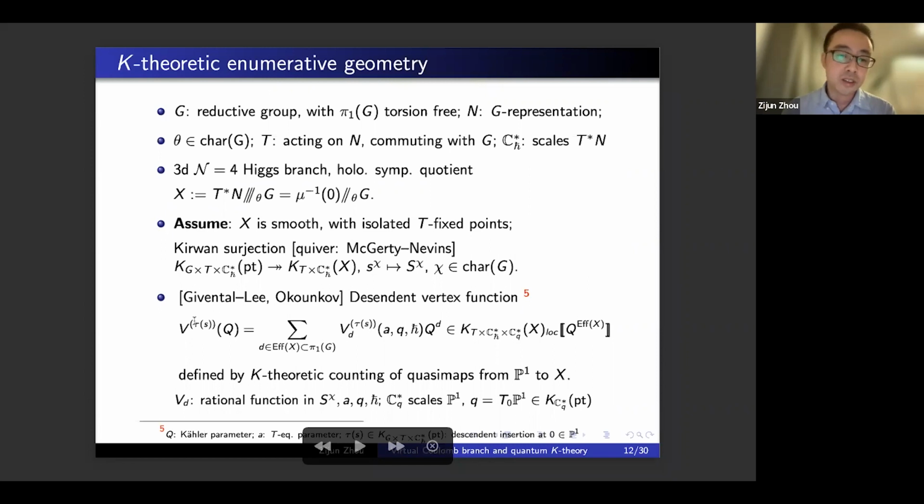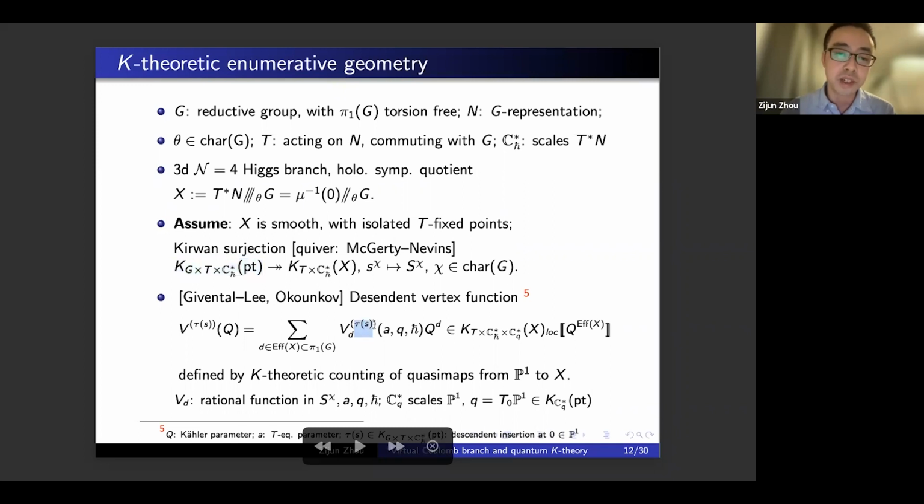Okay, and here there's another object called tau S. This is an insertion, called a descendant insertion, one can put in this quasimap count. This is a class in the K-theory before the Kirwan surjection. So it's a Laurent polynomial in terms of characters of G and other equivariant parameters.